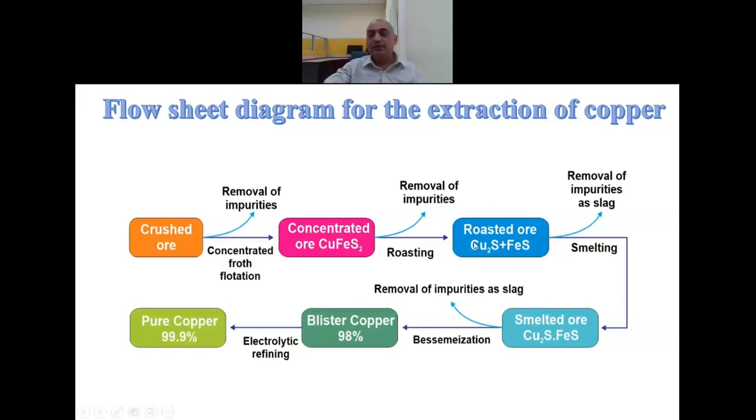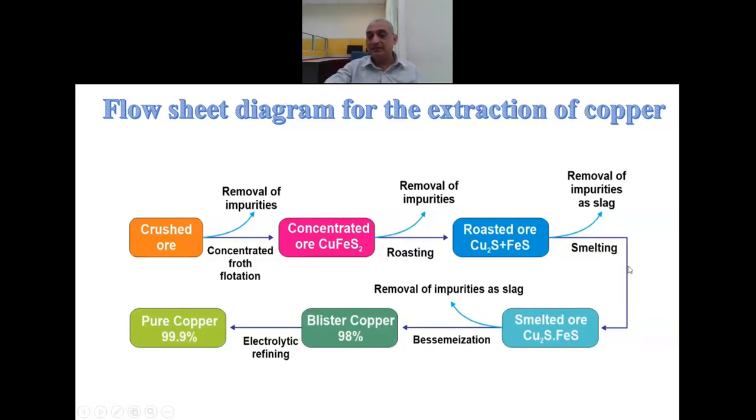So we remove some amount of the sulfur in the form of sulfur dioxide, and the rest is converted into cuprous sulfide and ferrous sulfide. And here we also remove impurities in the form of slag.